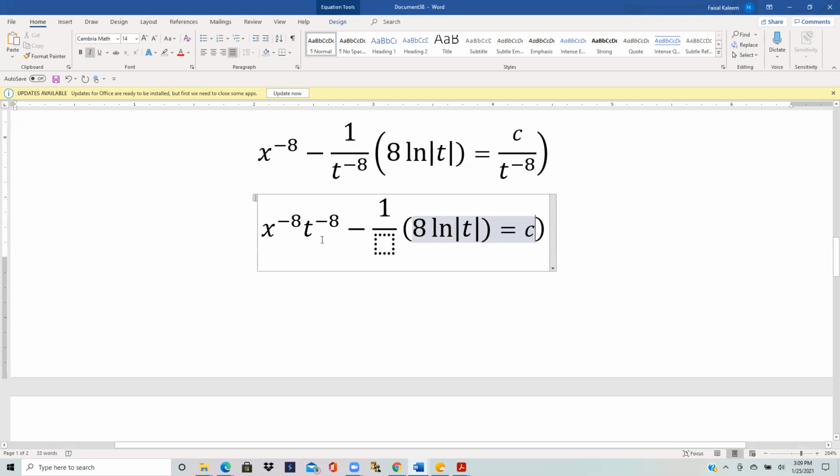Okay, so this is what I get. x to the negative 8, t to the negative 8 minus 8 ln t is equal to c.